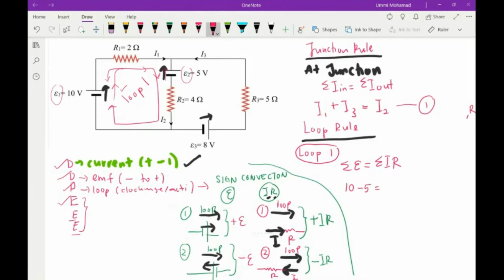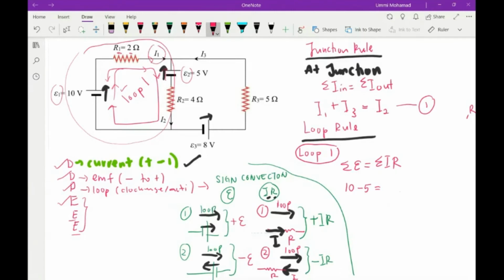For resistance, if you look at this left circuit, we have two resistances, meaning you are going to have two terms of IR. I will directly convert the numbers. The first resistor is R1, 2 ohm. The current flowing through R1 is I1.